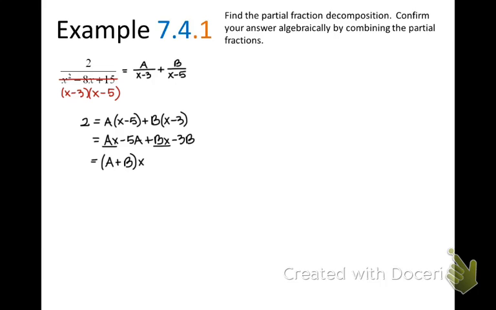Okay. The next thing I'm going to do is write my constant terms as one whole group. So notice that my constant terms are this whole negative 5a and this whole negative 3b. What you want to do is compare this side to what you want the numerator to be. So how many x's do I have on this side?